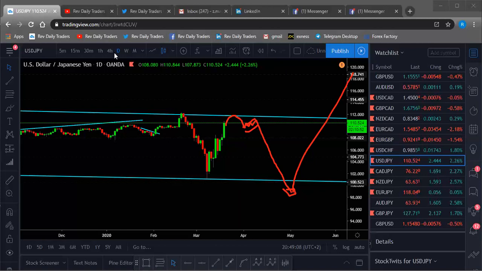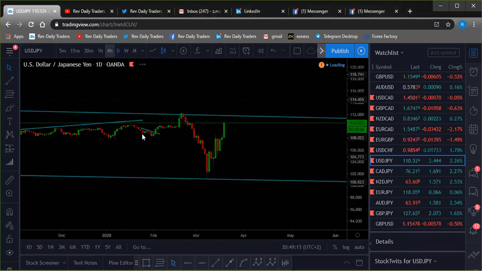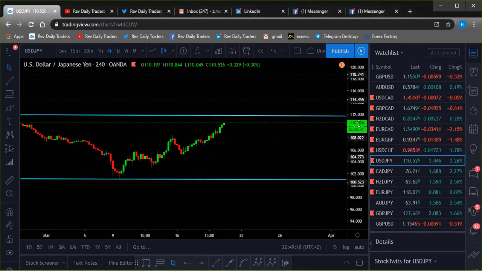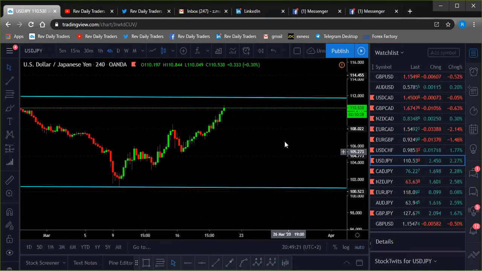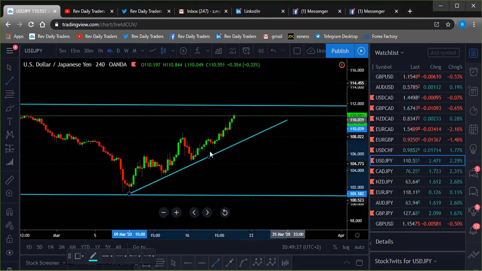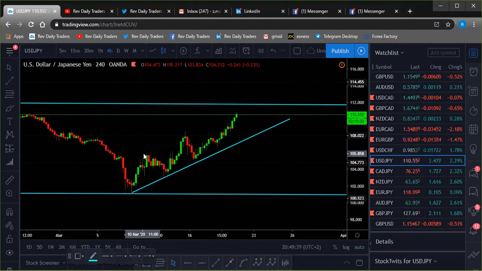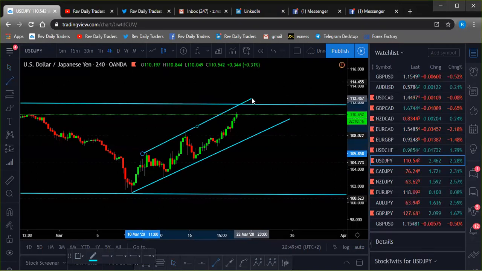Let's go to lower time frame and see what the yen is doing, okay? Kind of moving slowly, slowly. It's showing signs of tiredness. Let me show you what we are expecting there.